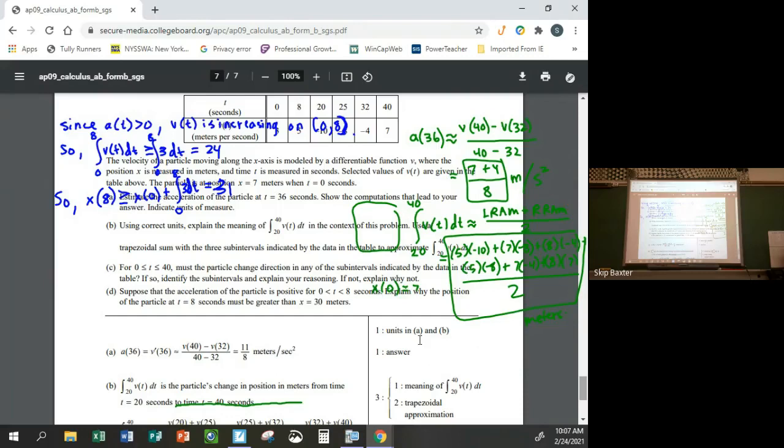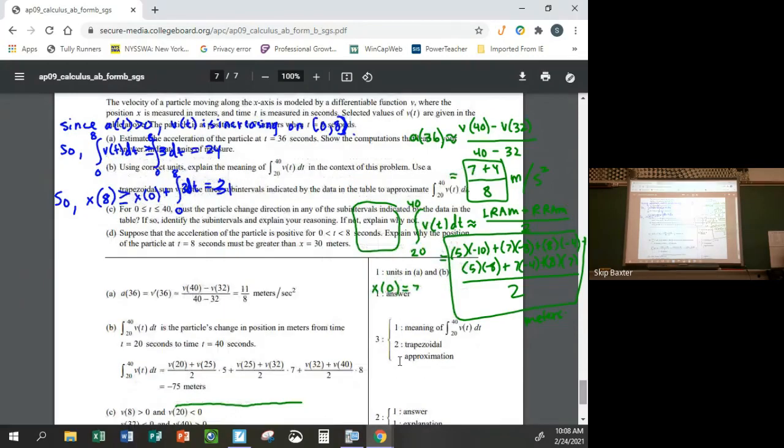If you forgot the units in part B when explaining in the context of the problem, you wouldn't get credit for the units you did correctly in part one. So be careful about that. The trapezoidal sum was worth 2 points. If you made a little error in your simplification, they'd give you 1 out of those 2 points.